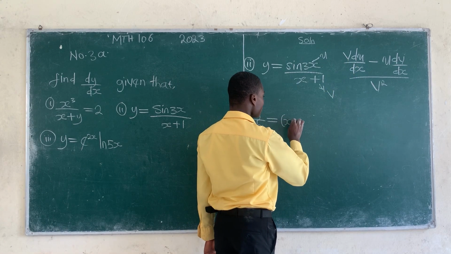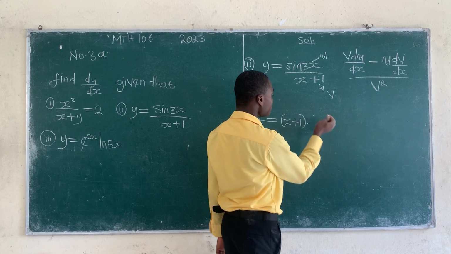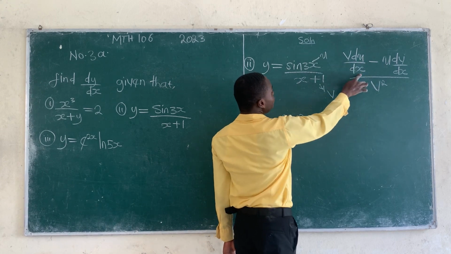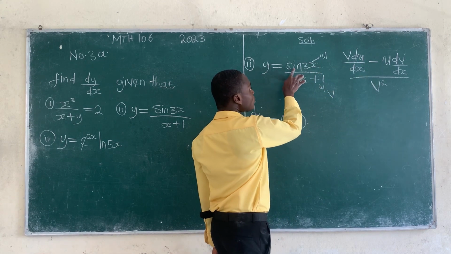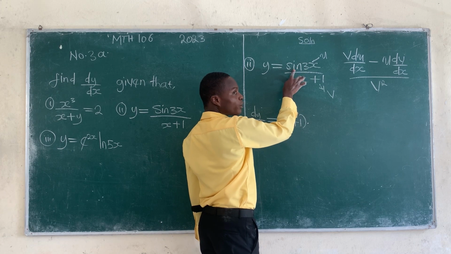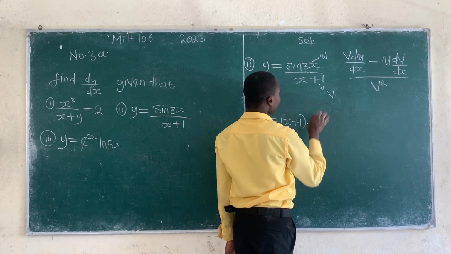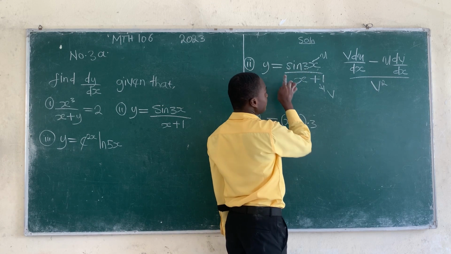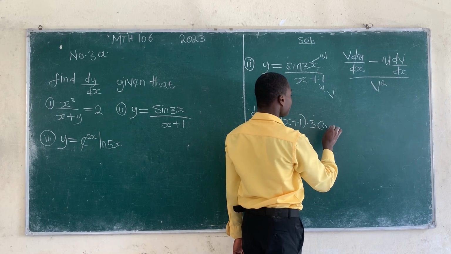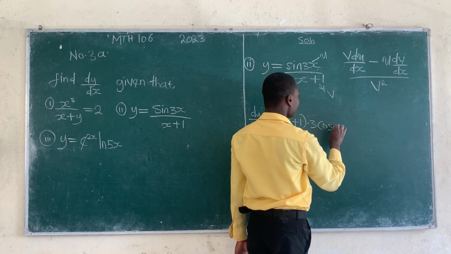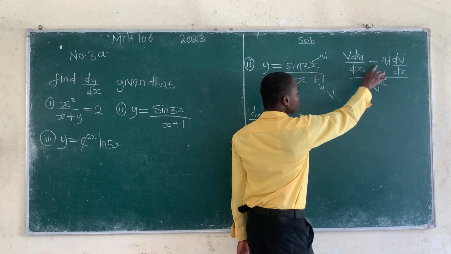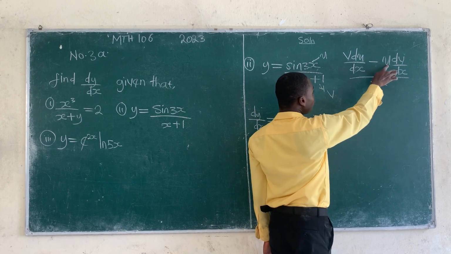So we have x plus 1 times du/dx, which is the derivative of the top. If you differentiate sine 3x, first differentiate 3x, you have 3, and then differentiate sine, you have cos. So we have 3 cos 3x. Then the next one is minus u.